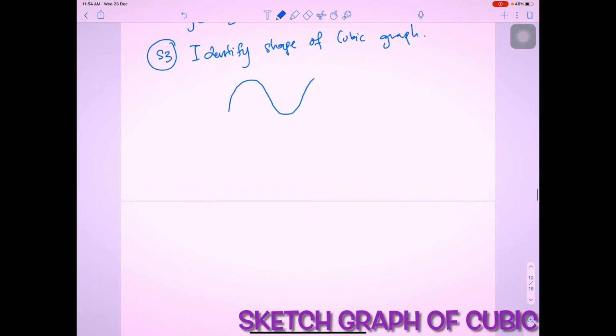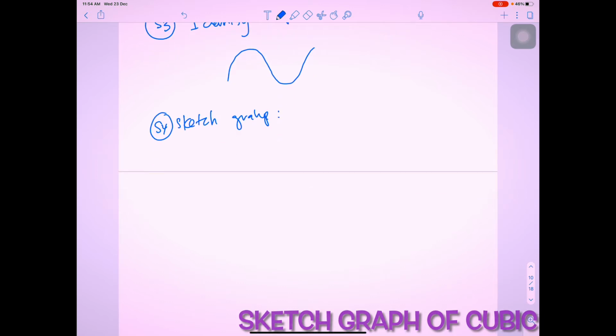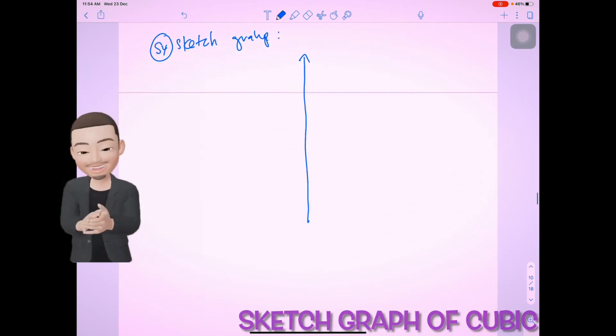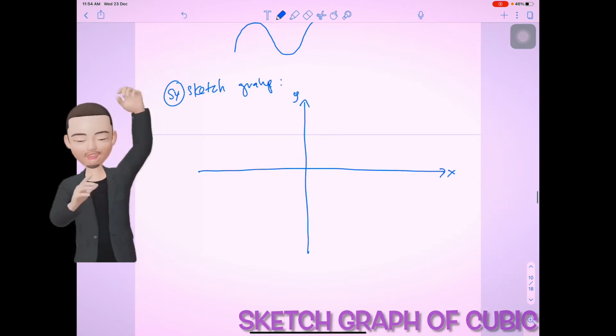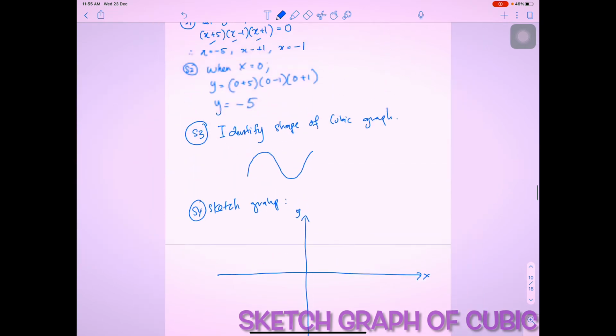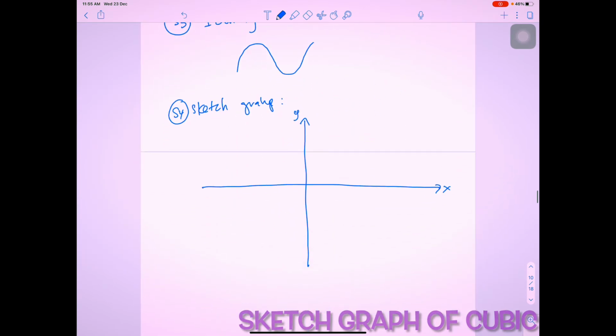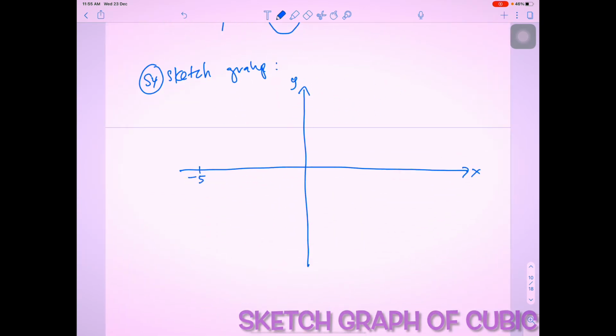Okay, and then step 4, sketch the graph. So what do we do? Draw the y axis and x axis, simple y and x axis, and the values when y equals 0 are negative 5, negative 1 and 1.